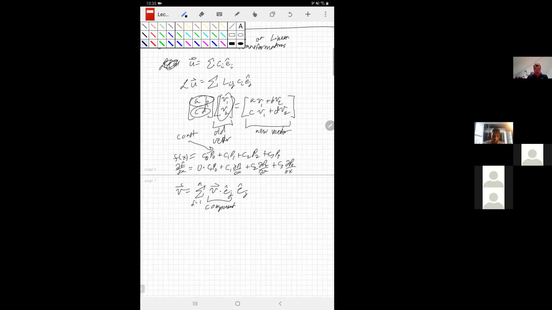Remember how for vectors in three-dimensional space, ax was just a dotted with x hat. Well, that's true in n-dimensional space. And how did we define a dot product of two functions last time? Anybody reach back into their memory and think, how did we define a dot product of two functions last time?